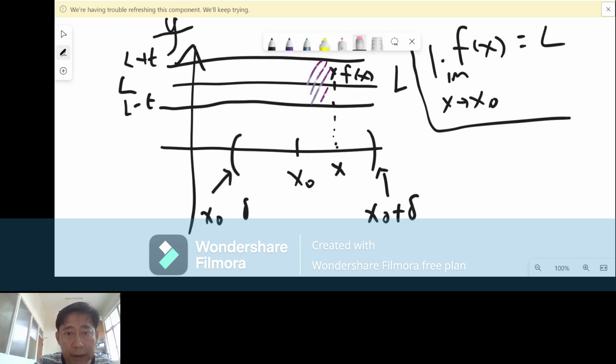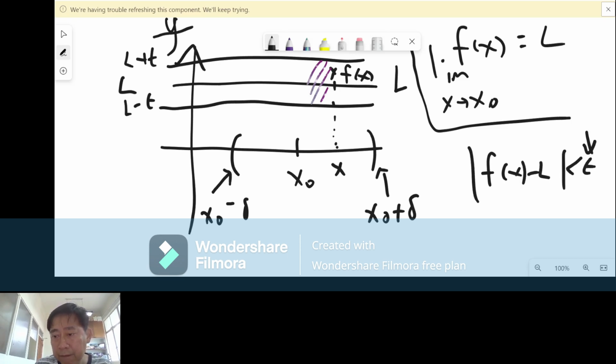So for any arbitrary value of epsilon, you can always find a delta interval that guarantees that the values of the function always lie within the L plus epsilon and L minus epsilon sandwich.